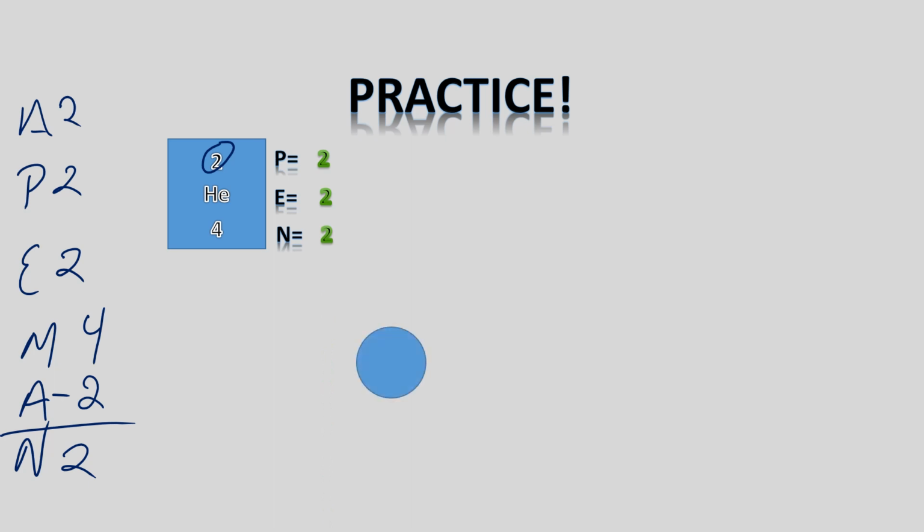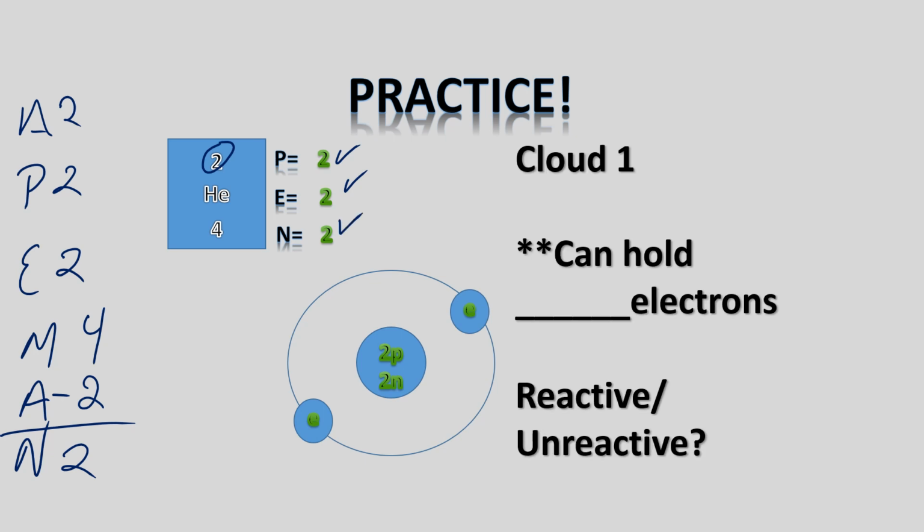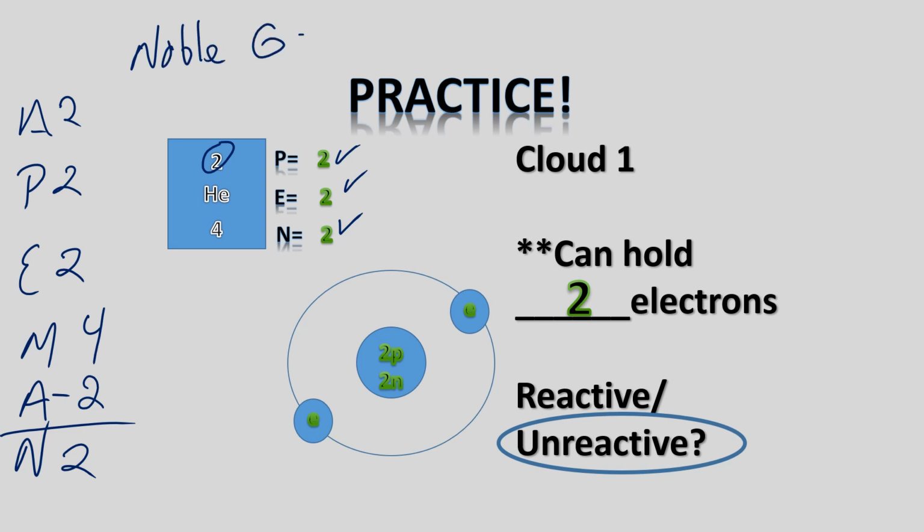I'm going to draw my nucleus, 2 protons, 2 neutrons. I'm going to add my shell. 1 electron, 2 electrons. So check, check, check. Now cloud 1 can hold 2 electrons, and so this is unreactive. And it makes sense because helium is one of the noble gases.